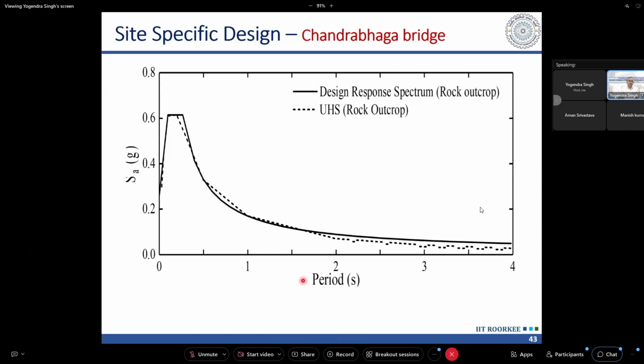So at each period, we take the earthquake intensity or spectral acceleration corresponding to the 2475 year return period. What we have to understand is that at different periods, different earthquakes govern this intensity. So one single source will not give us this shape of the response spectrum.